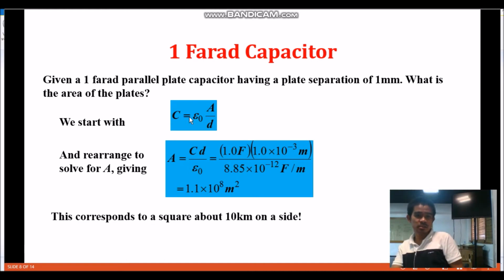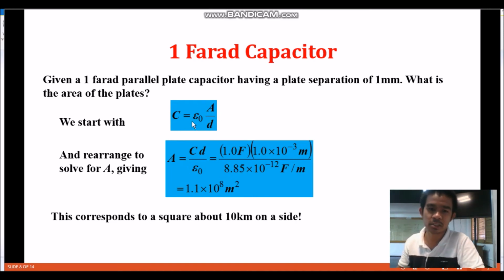We will start with this equation: capacitance equals permittivity of free space times the area over distance between them. We will rearrange this equation to get area equals capacitance times distance between two plates over permittivity of free space.